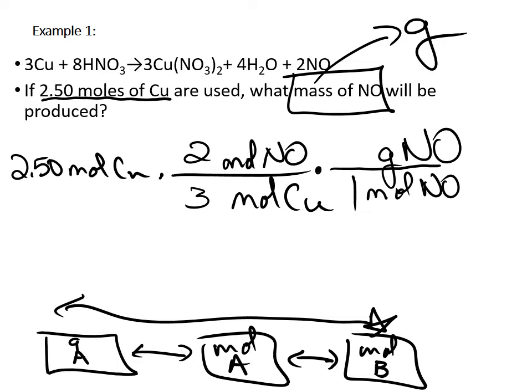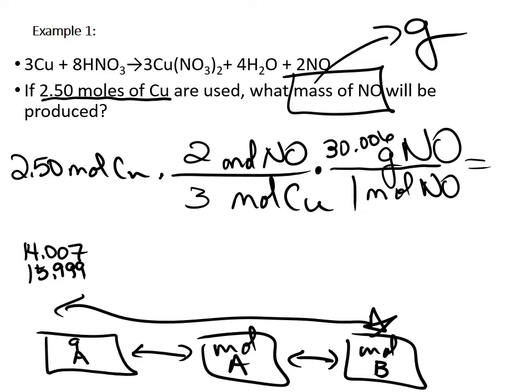So I'm going to do it over here. Nitrogen's 14.007 from the periodic table, and oxygen's 15.999. So total, I would get 30.006 grams.